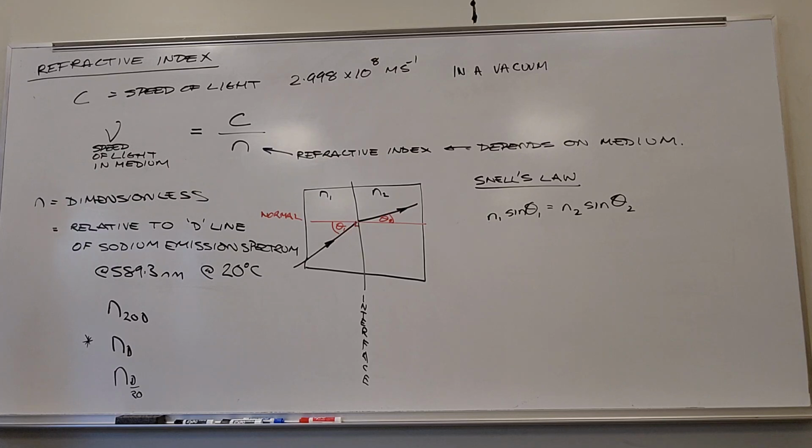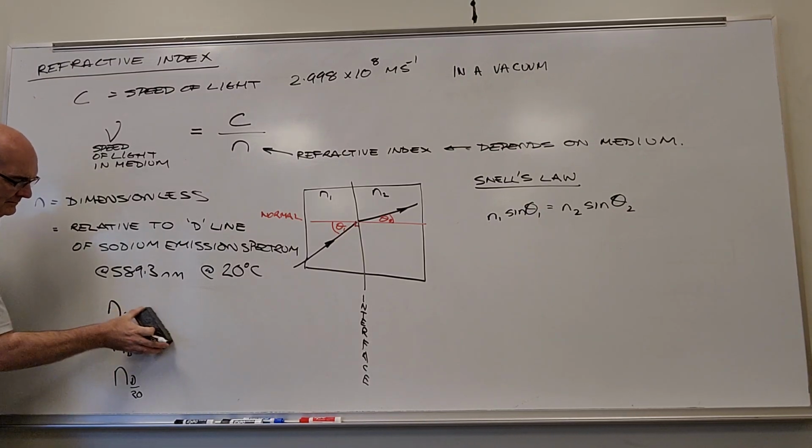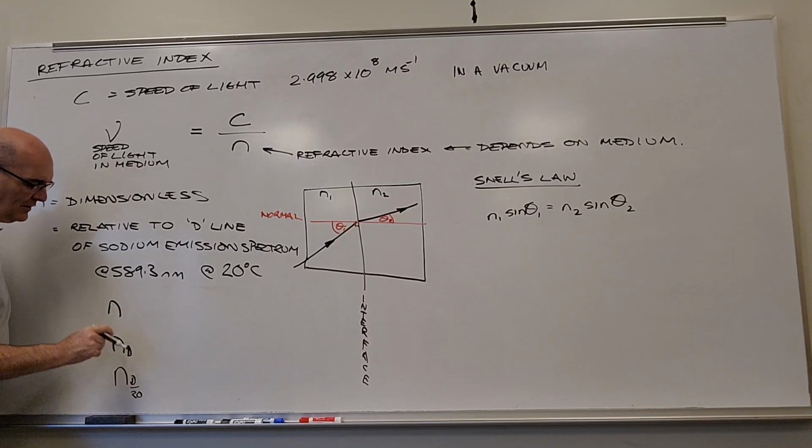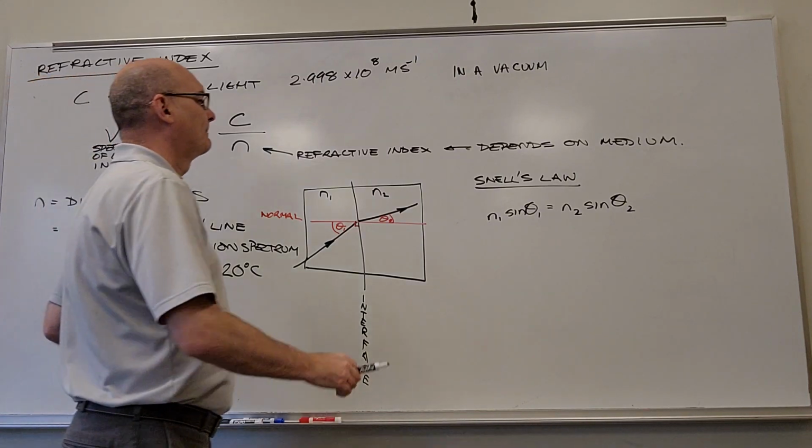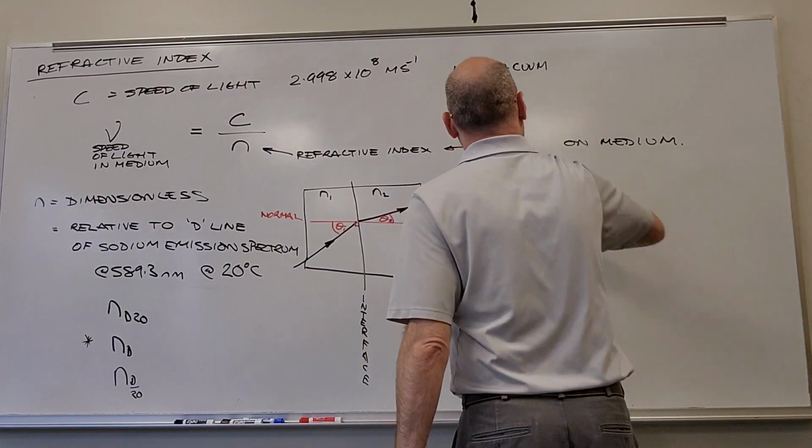I've seen it written that way. This is what we normally see, ND20. Actually, 20D is the wrong way around. ND20 is probably right. Okay.